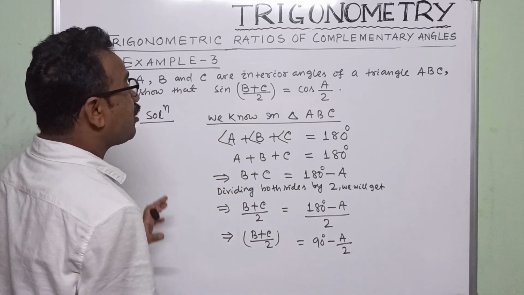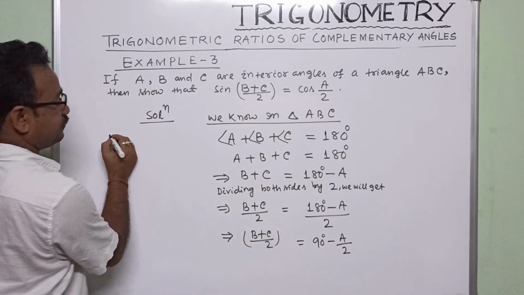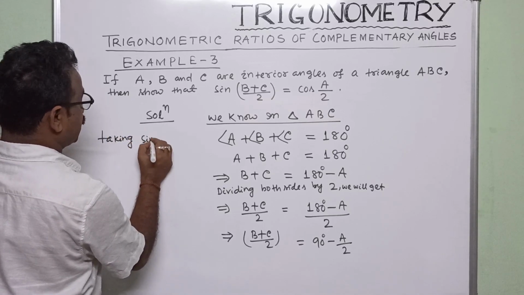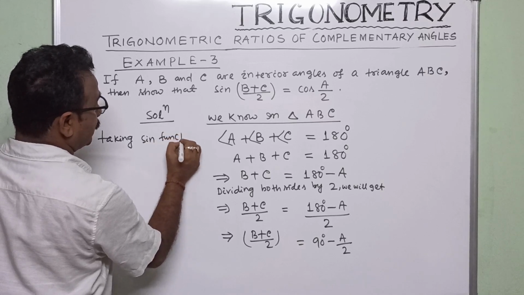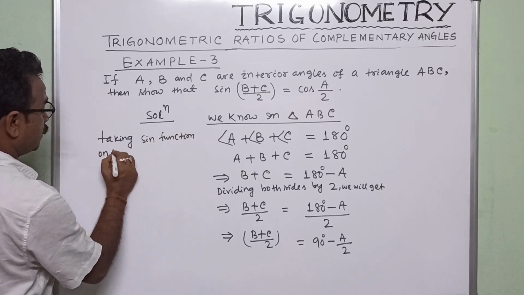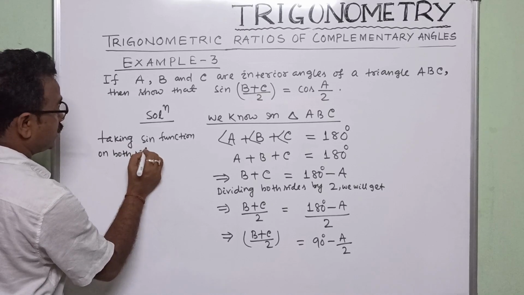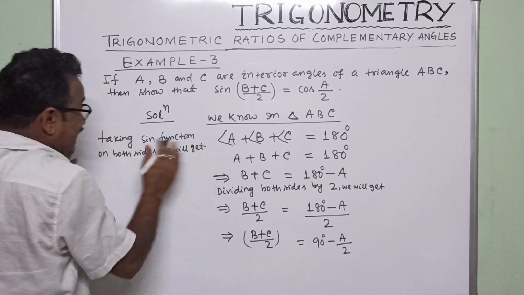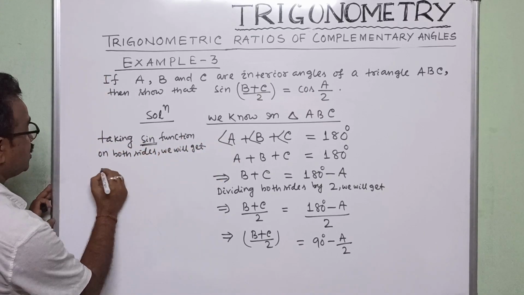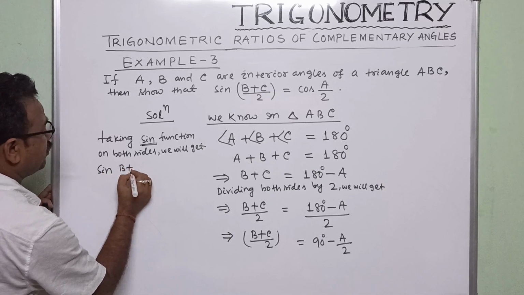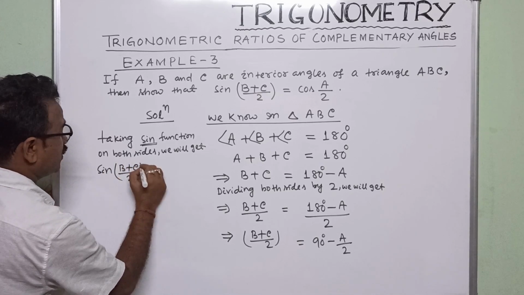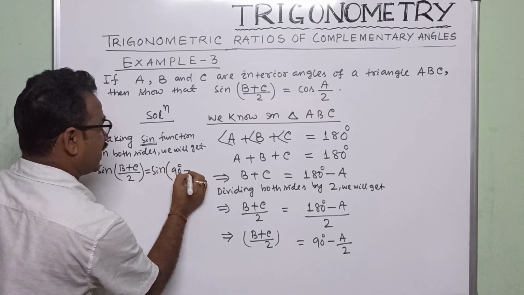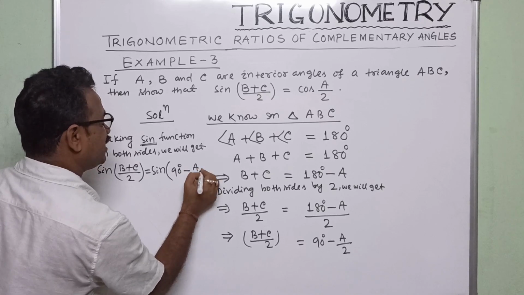Now taking the sine function on both sides, we will get sine of B plus C by 2 is equal to sine of 90 minus A by 2.